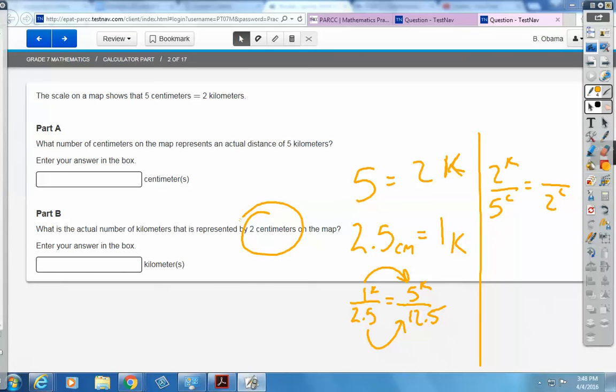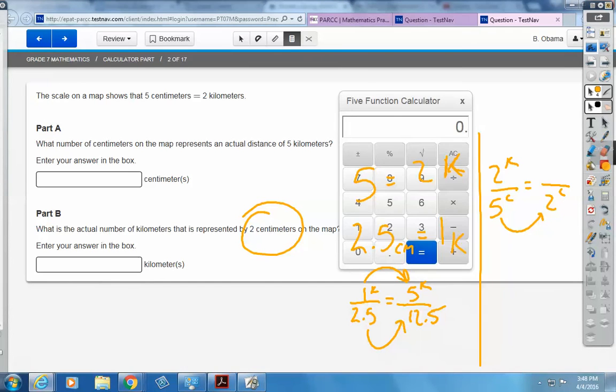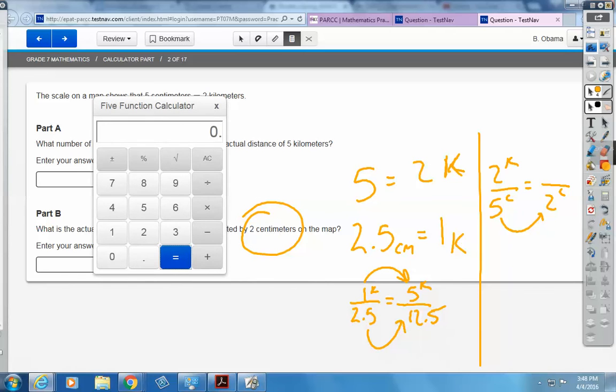So what did I do to 5 to get 2? Well, I'm going to take my calculator, 5 function calculator, and I'm going to divide 2 by 5. And so I multiplied this by 0.4.